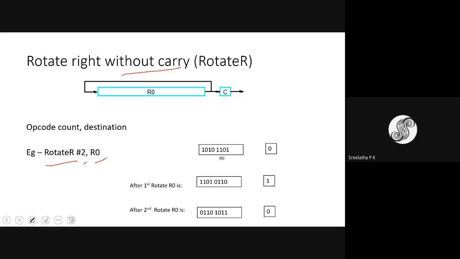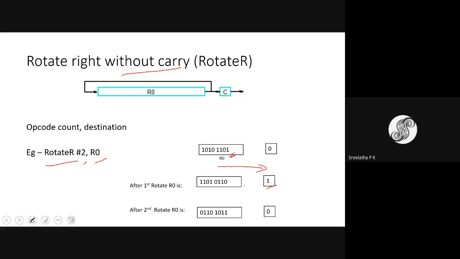However, since I am doing the right shift, the least significant bit is moved to the carry flag, and then the bits have to be shifted to the right.